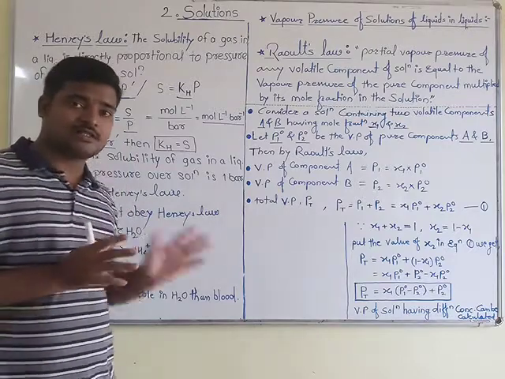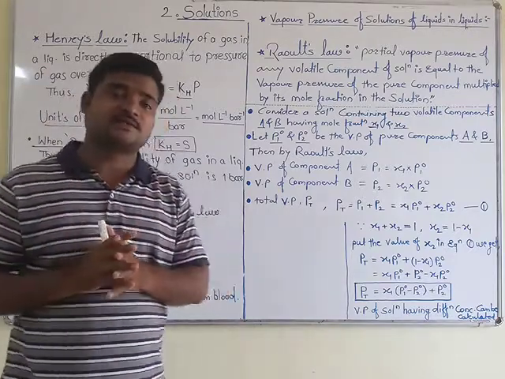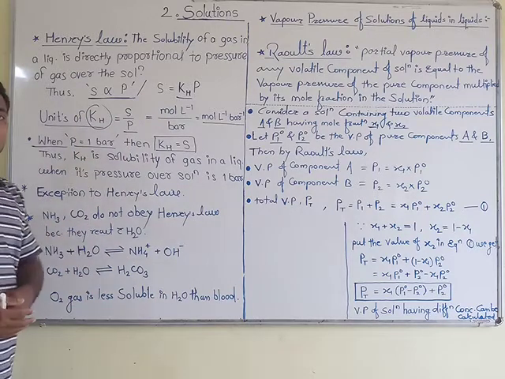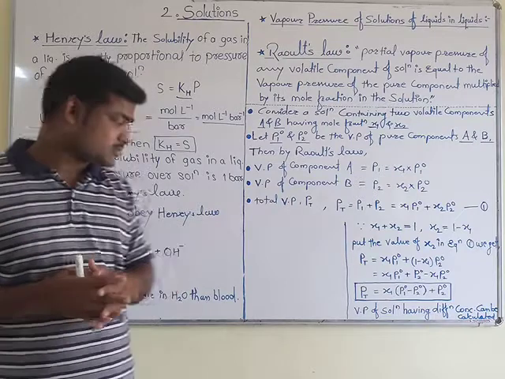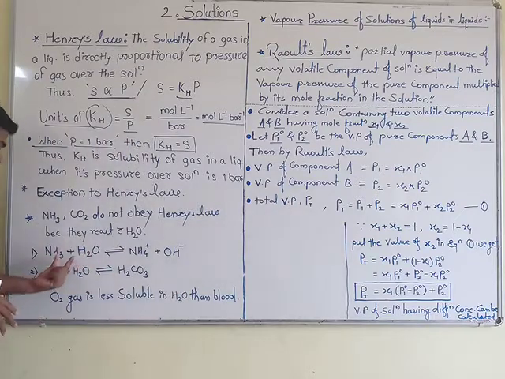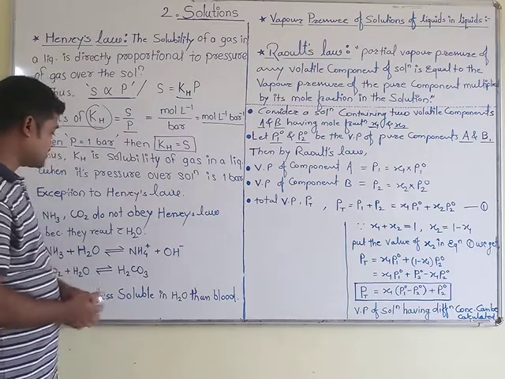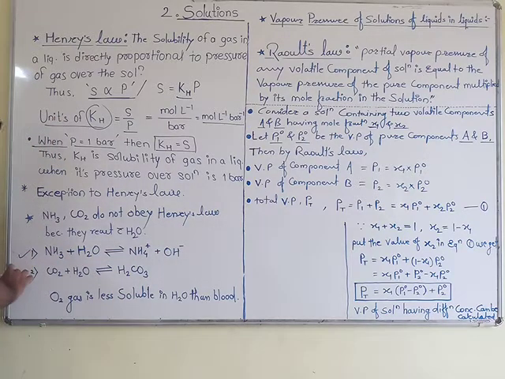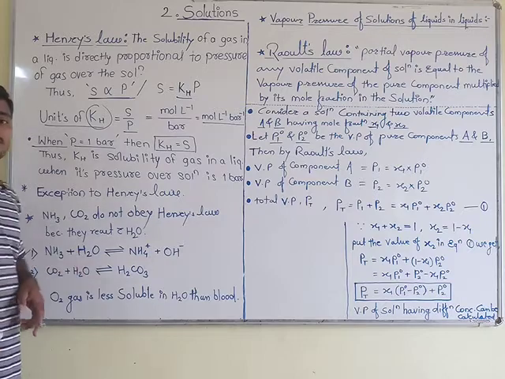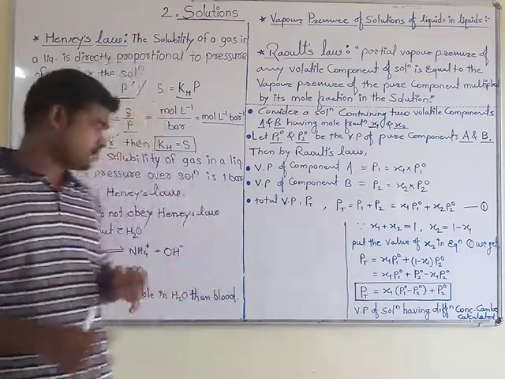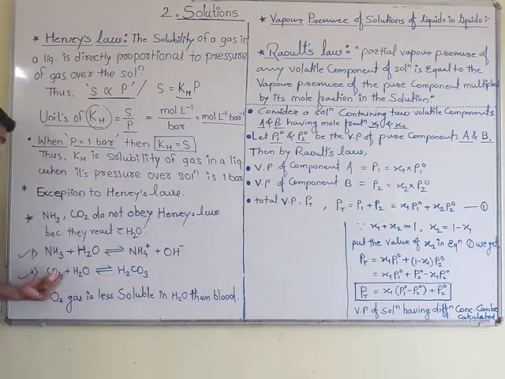But here also some gases are present, like ammonia and carbon dioxide, which have higher solubility in water. With the help of reactions we have shown here, ammonia on reaction with water gives ammonium ions and hydroxide ions. Carbon dioxide on reaction with water gives H2CO3. The reversible arrow shows we can interconvert the ions back into ammonia gas and carbon dioxide gas.